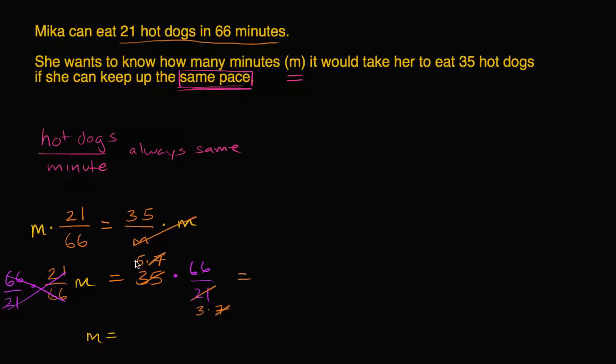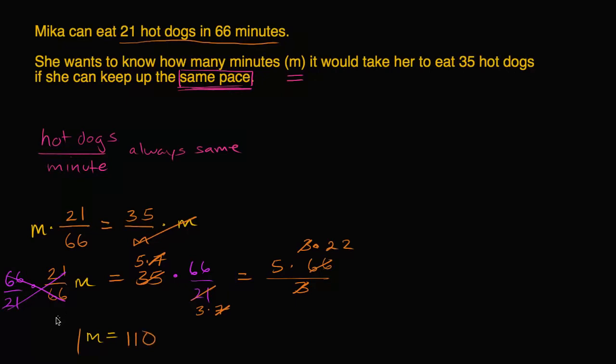So this simplifies to 5 times 66 over 3. And then we could simplify even more, because 66 is the same thing as 3 times 22. So you have a 3 in the numerator and a 3 in the denominator. 3 divided by 3 is 1. So you're left with 5 times 22, which is 110.